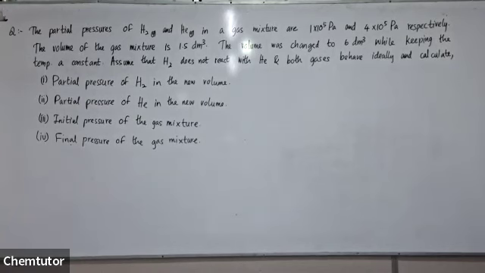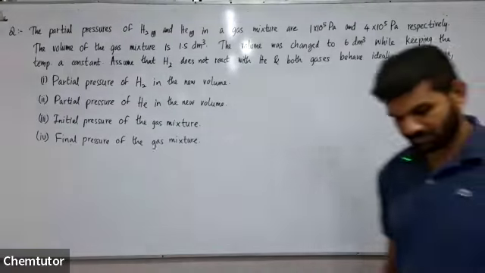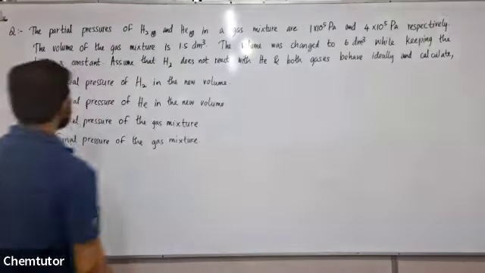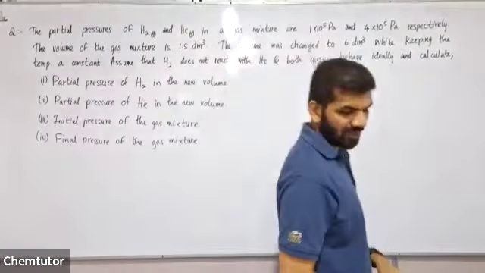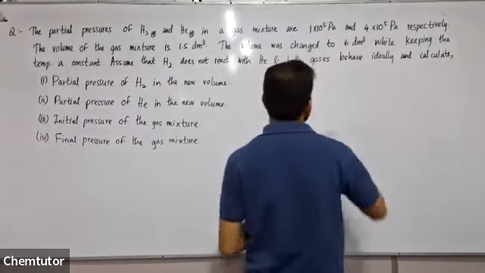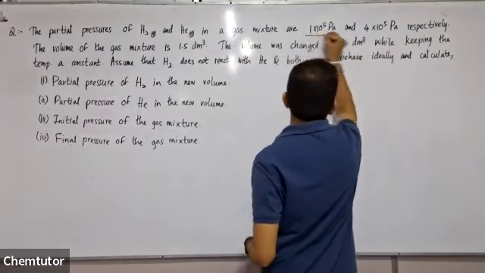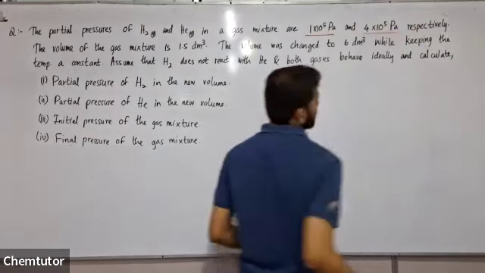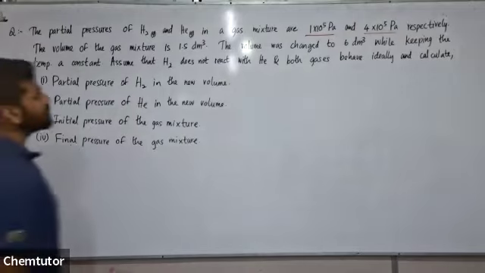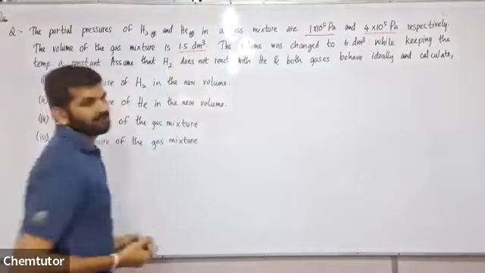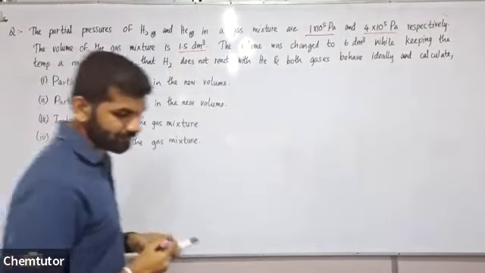Okay, so we define the first one: partial pressure of hydrogen in the new volume. The partial pressures of hydrogen and helium in the gas mixture are 1 into 10 to the power 5 pascals and 4 into 10 to the power 5 pascals. Those are the initial values, in the volume of 1.5 cubic decimeters.